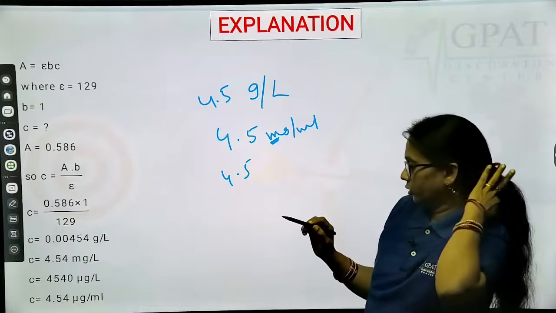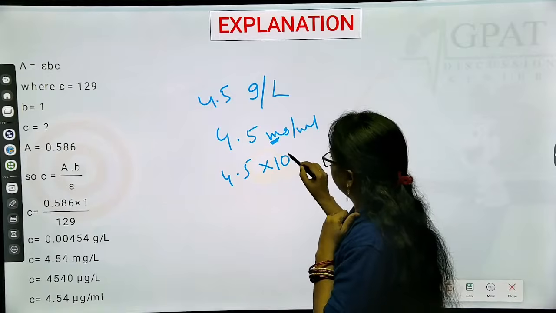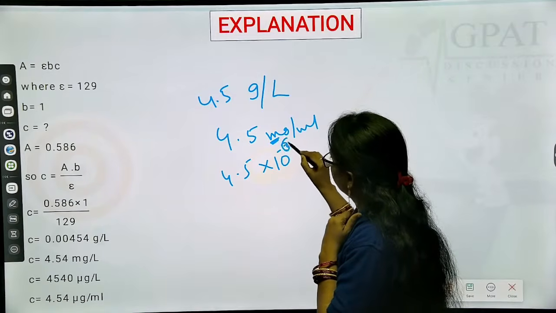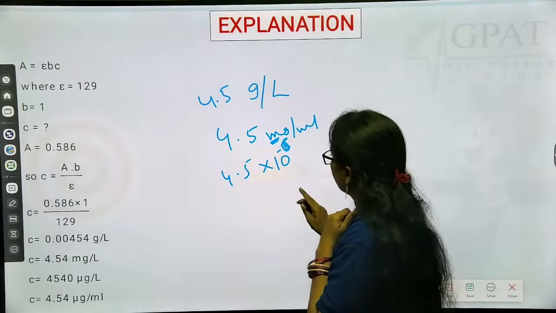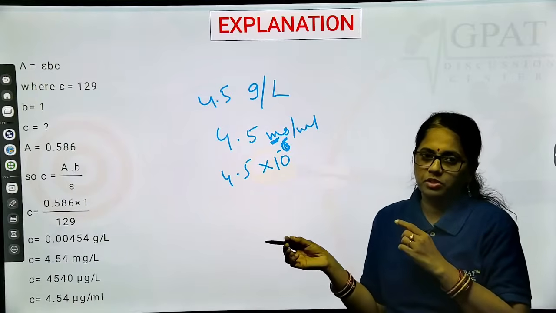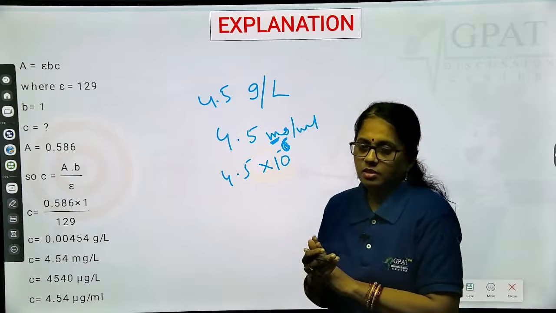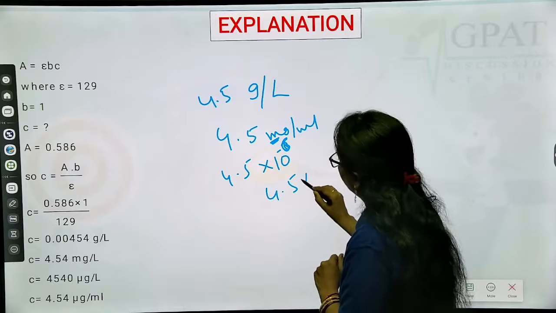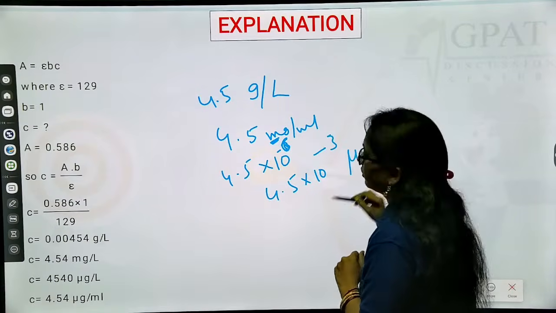Thereby you are going to see 10 to the power of minus 3 grams, and if converted, that is 10 to the power of minus 6 for micrograms, right. In the case of milligrams it is already there. So milli means 10 to the power of minus 3, micro means 10 to the power of minus 6. So what you want here is only 4.5 into 10 to the power of minus 3 micrograms, okay.